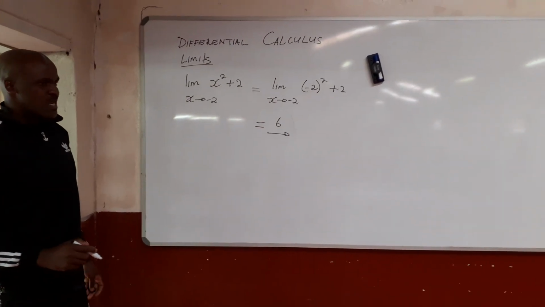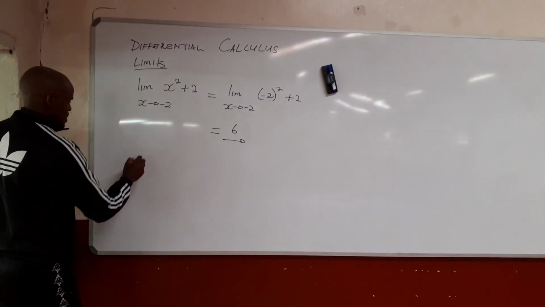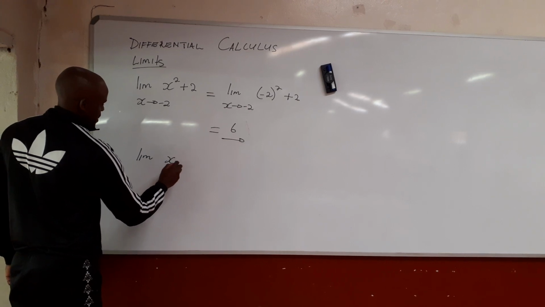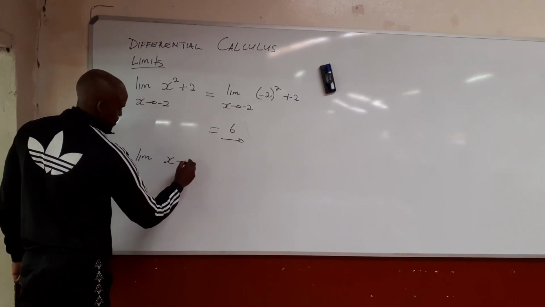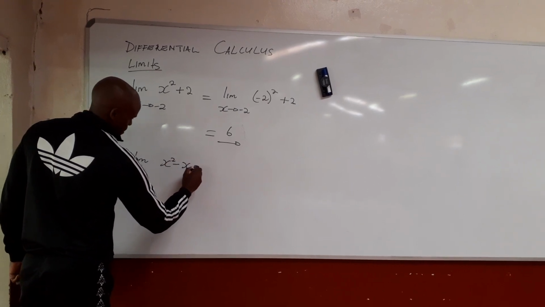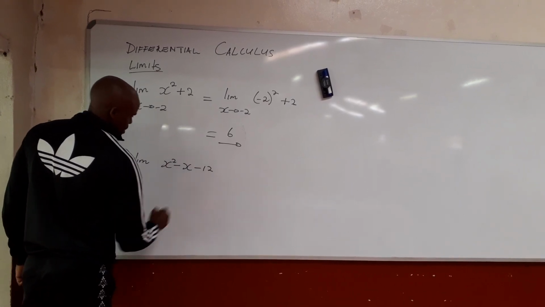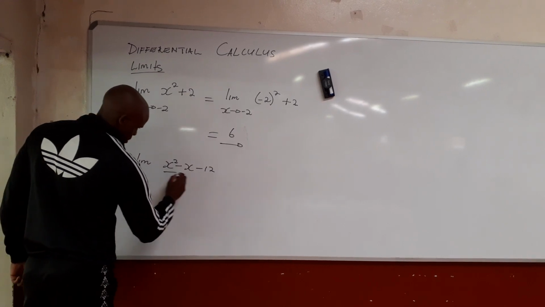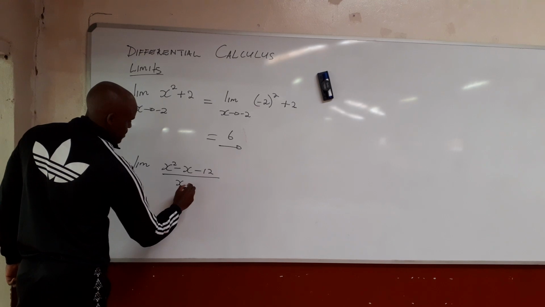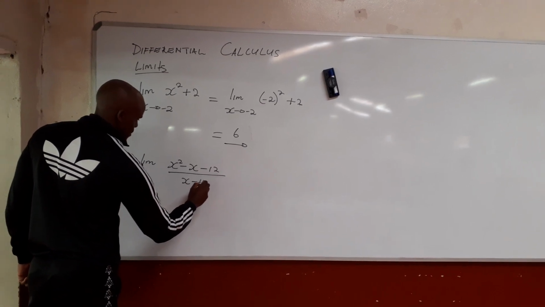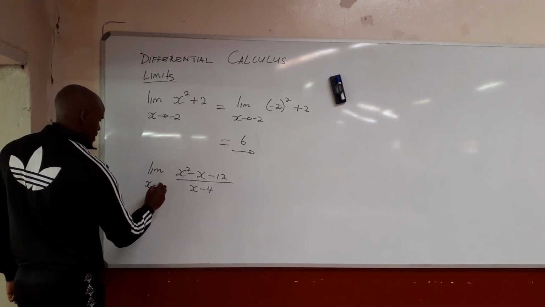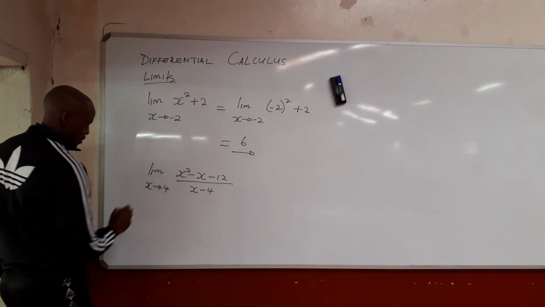Right, there are some cases where you will find this. The limit of x squared minus x minus 12 over x minus 4 as x approaches 4.